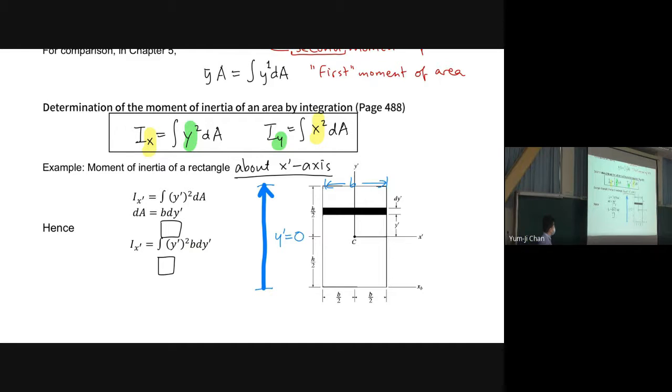So we do the integration from here to there. This is y prime equal to minus half of h, and this is y prime equal to plus half of h.